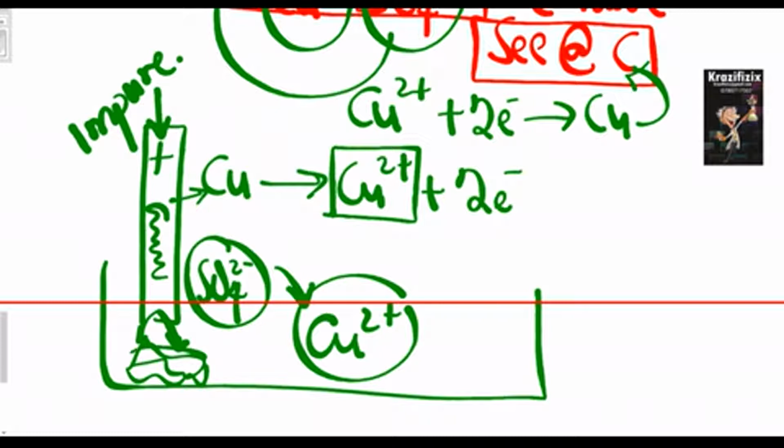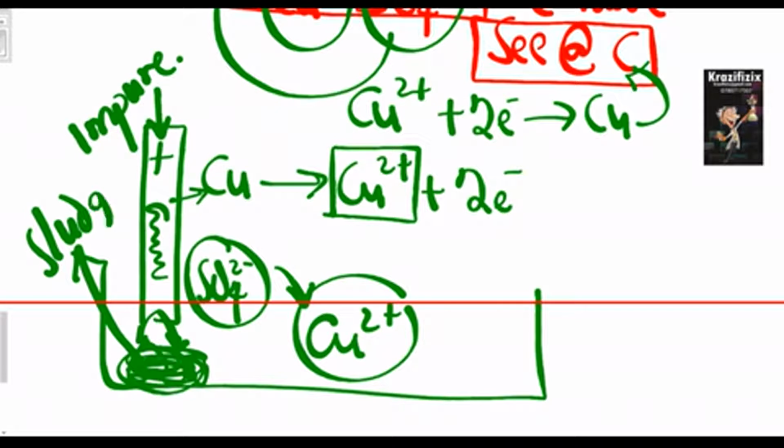While others, such as zinc and other impurities, would form what you call a sludge or an alloy, a sludge, which is the combination of other metals that are found here.